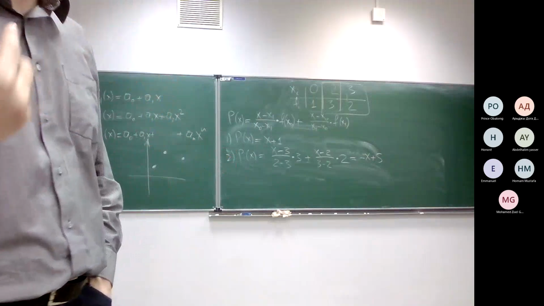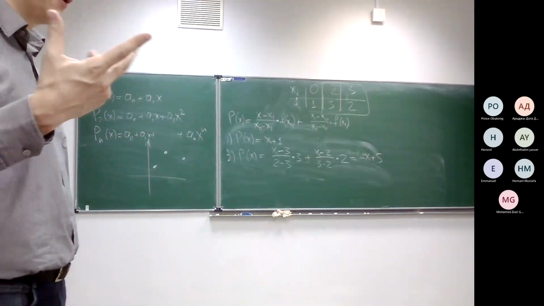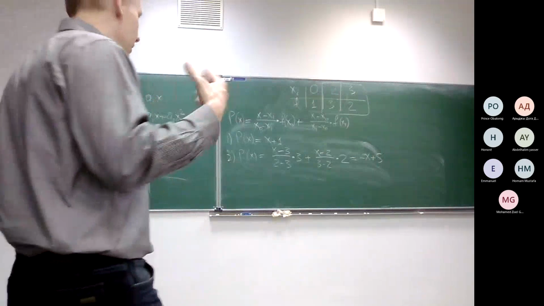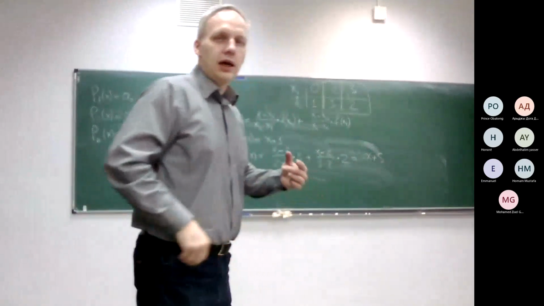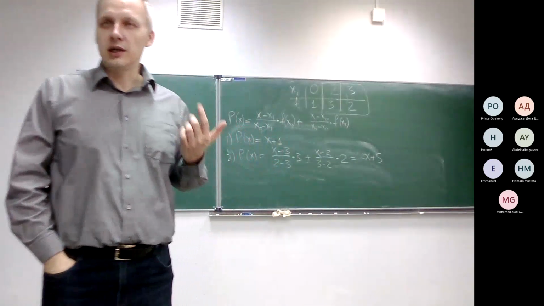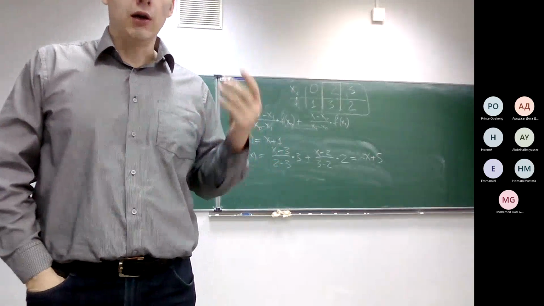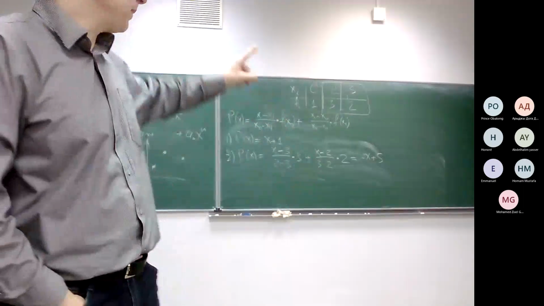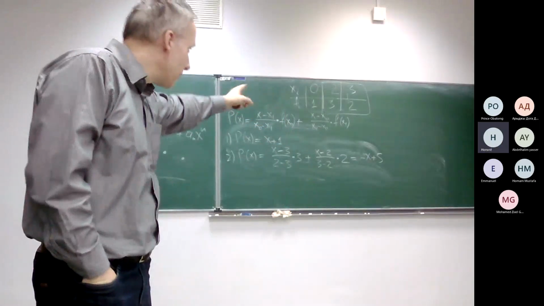And the next problem that we consider is how to find the interpolating polynomial of degree 2 that passes through 3 points.